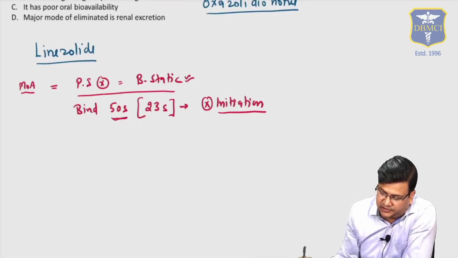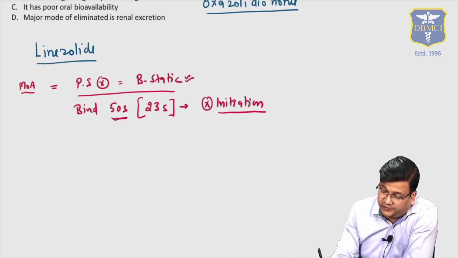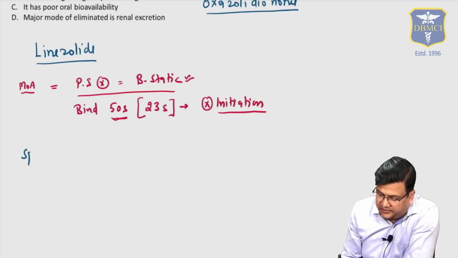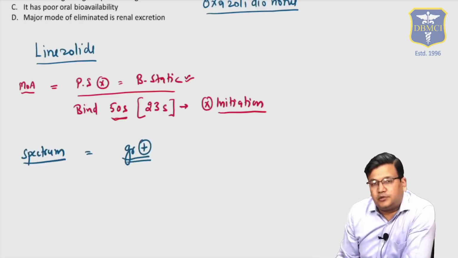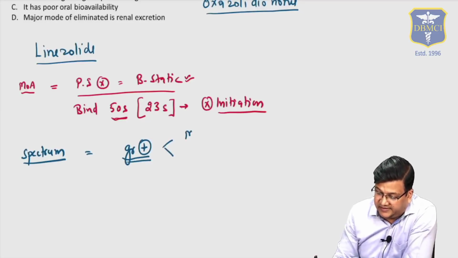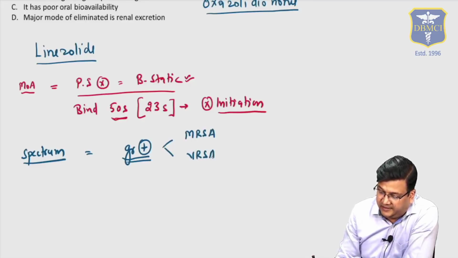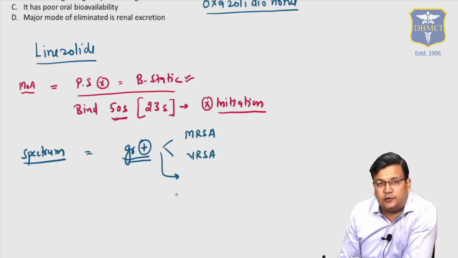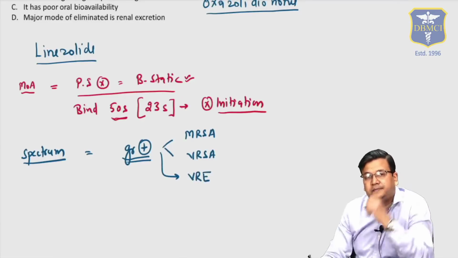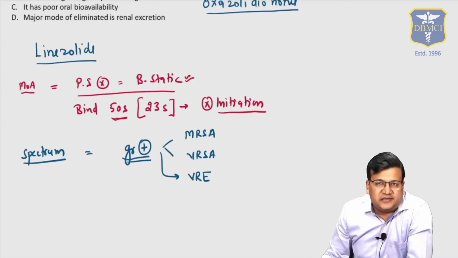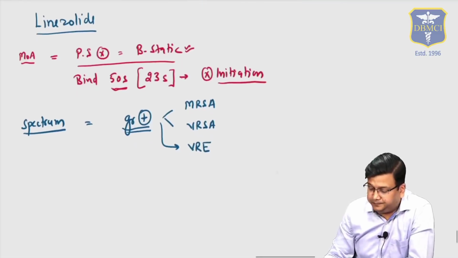Drugs are bacteriostatic. On which kind of bacteria do the drugs act? What is the antibacterial spectrum? So mainly they are for gram positive bacteria. Resistant gram positive bacteria like MRSA, VRSA, vancomycin resistant Staph aureus, and vancomycin resistant Enterococcus. So they are mainly to treat resistant gram positive infections.